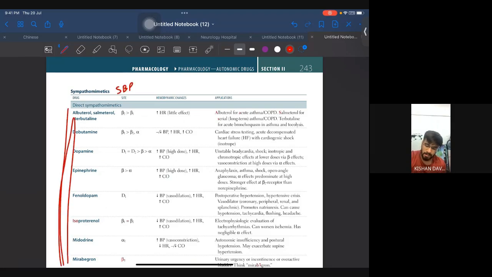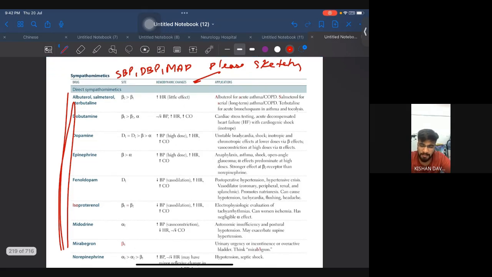Now coming to sympathomimetics. In sympathomimetics you might be confused with one thing: in each and every drug they ask about SBP, DBP, MAP. I am repeating again. Please, if you have access to Sketchy, please do this. Sketchy has explained it very well, and it becomes so easy to remember. I am telling you guys.